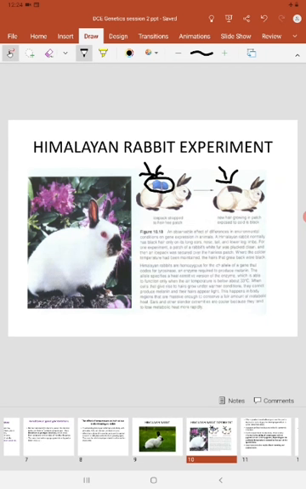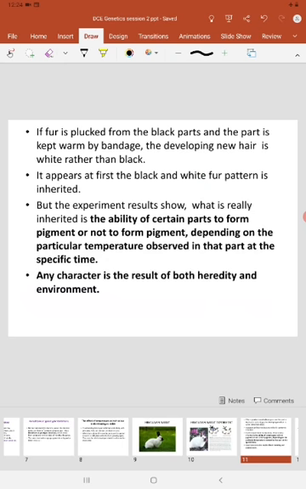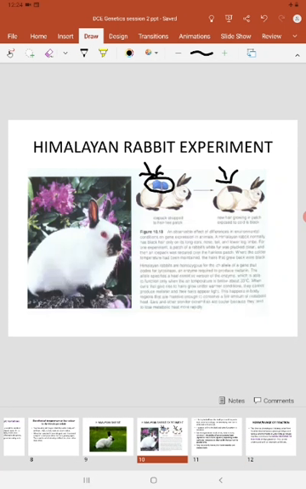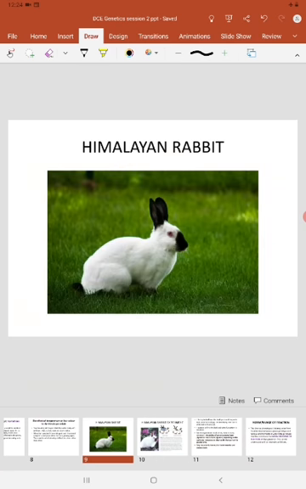Then the second experiment is that we are going to remove the black fur either from the feet or from this area, and then the temperature is increased by putting on a bandage or by keeping the animal at a slightly higher temperature than usual.